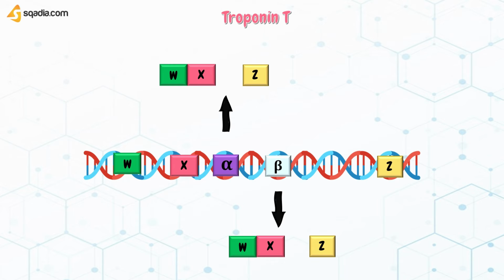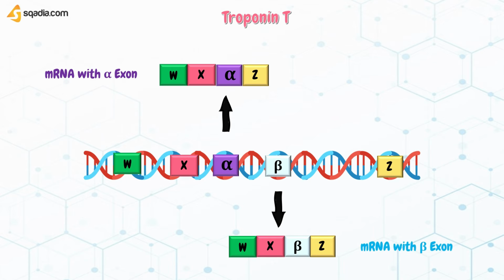However, in one alternative splicing pattern, the alpha exon is included between X and Z, whereas in the other pattern it is replaced by the beta exon. The alpha and beta forms of troponin T therefore differ in the sequence of the amino acids between W and Z, depending on which of the alternative exons, alpha or beta, is used.